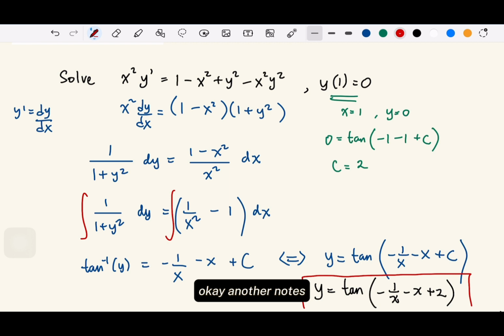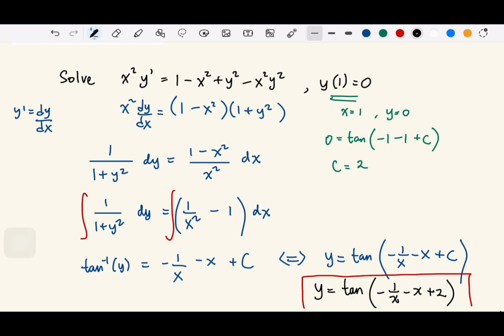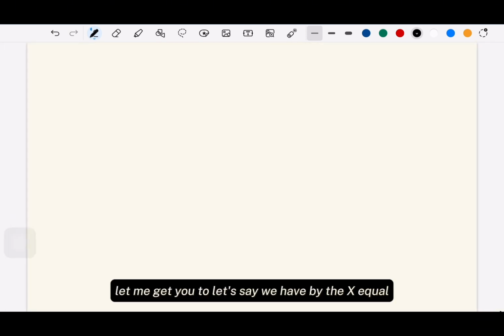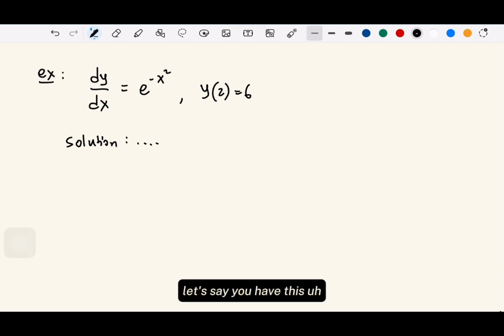Another note that I would like to share with you is, let me give you another example. Let's say we have dy dx equal to this.